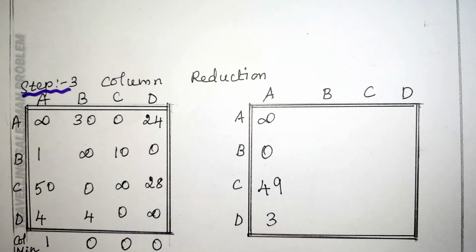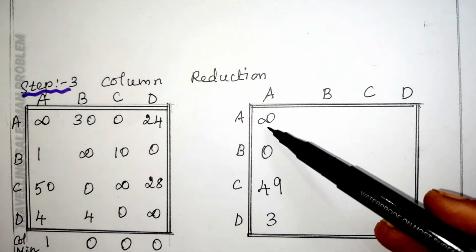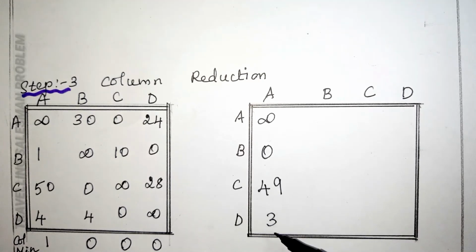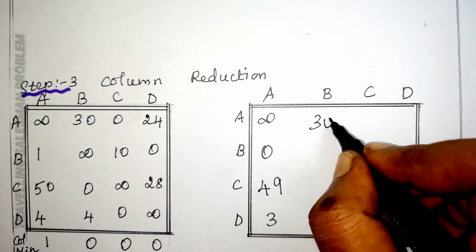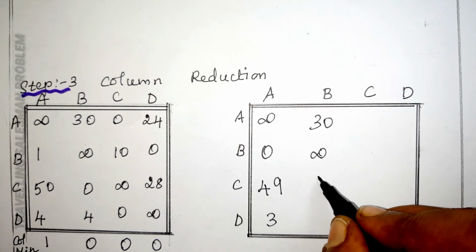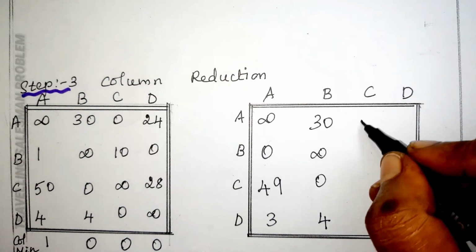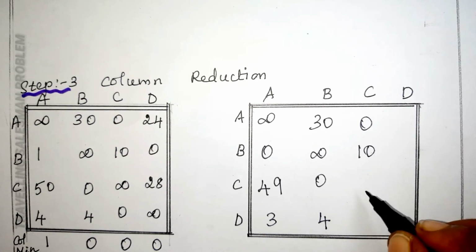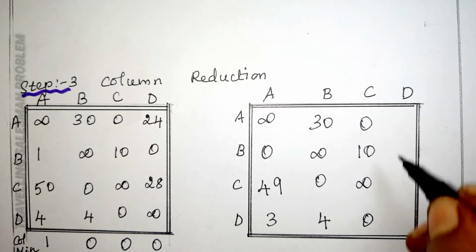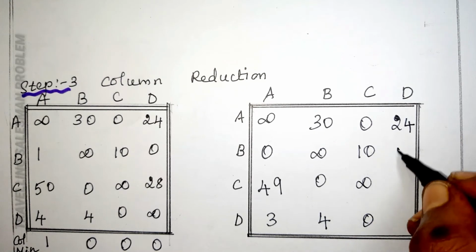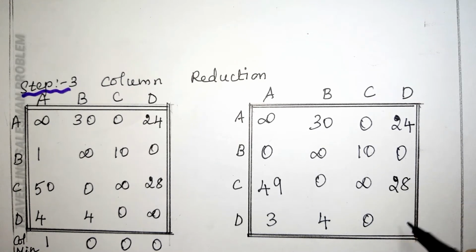So the first column is infinity, 0, 49, 3. In the other three columns, 0 is the least number, so you write them as they are. 30, infinity, 0, 4. 0, 10, infinity, 0. 24, 0, 28, infinity. Column reduction is over.